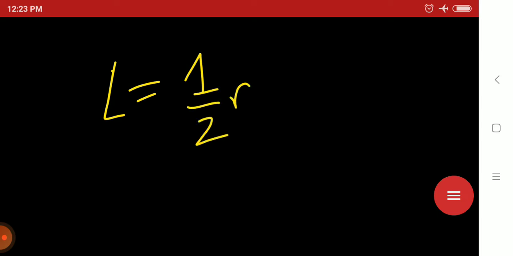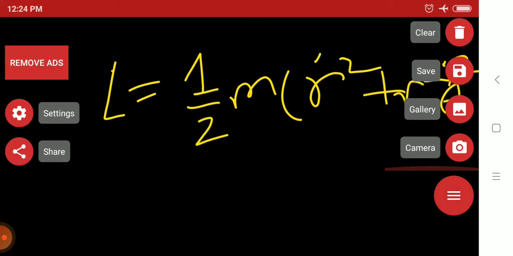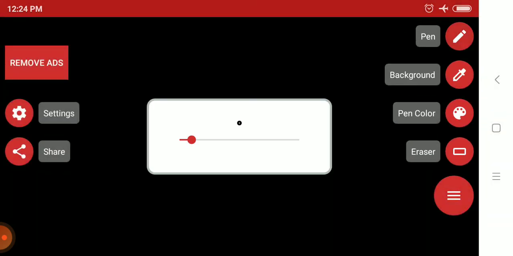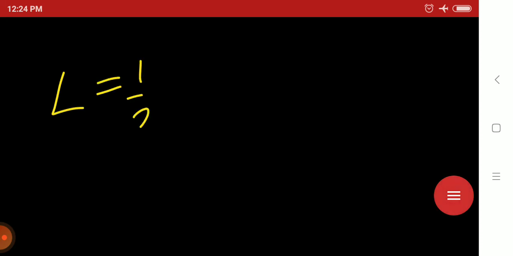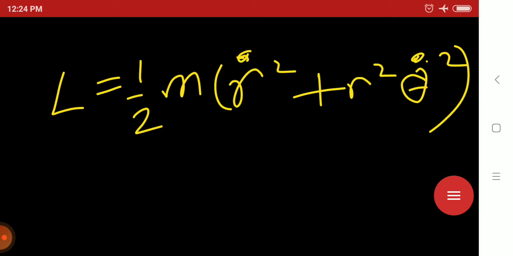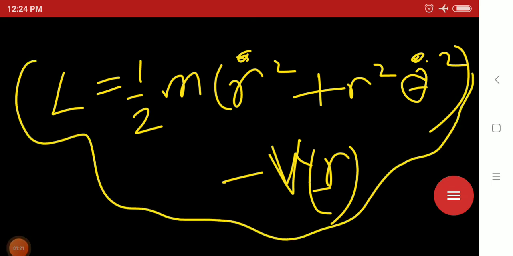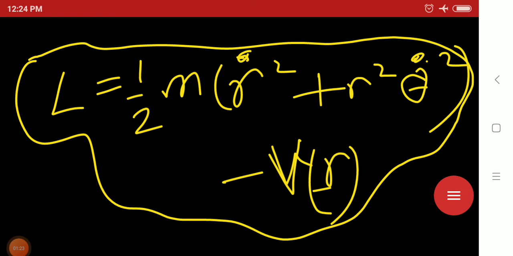Let me write clearly. The Lagrangian is half m (r dot square plus r square theta dot square), minus V of r. Potential energy is V of r. This Lagrangian we have got for a particle under the central force motion.